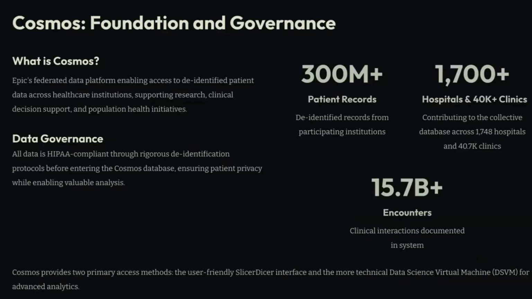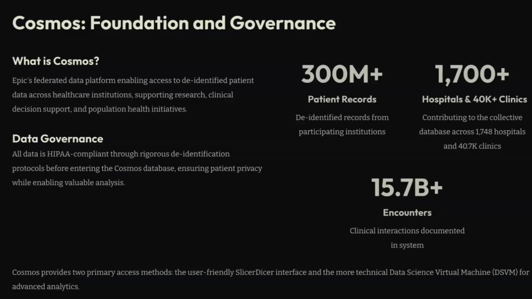As you can see with these stats I pulled a couple days ago, Cosmos offers a pretty significant amount of clinical data for very high-powered research. This includes over 300 million patient records, over 15.7 billion encounters across over 1,700 hospitals and 40,000 clinics.